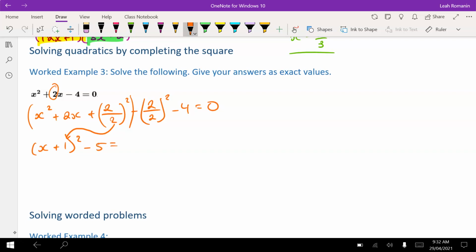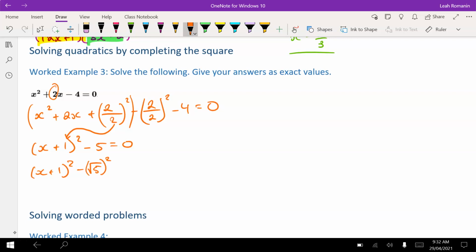Great. Equals 0. Yes, and then we have a difference of two squares situation, or we want to force a difference of two squares situation, because obviously 5 is not a squared number. So the way around that, if I have x plus 1 squared minus the square root of 5 squared, that effectively gives me 5, because square root and squared is the opposite.